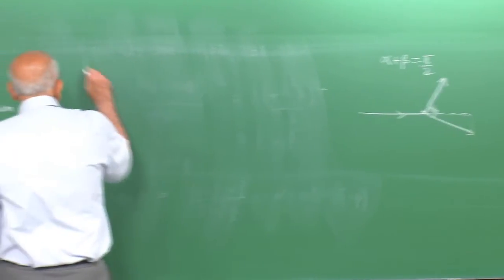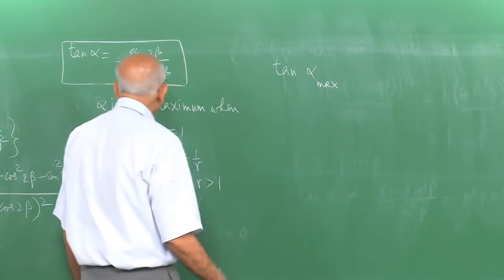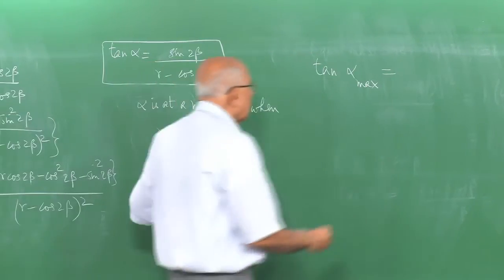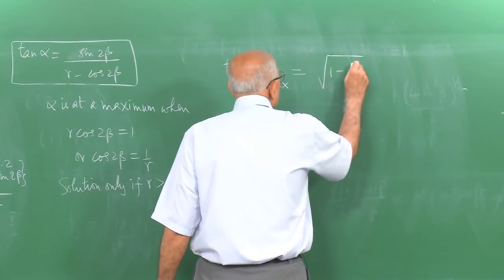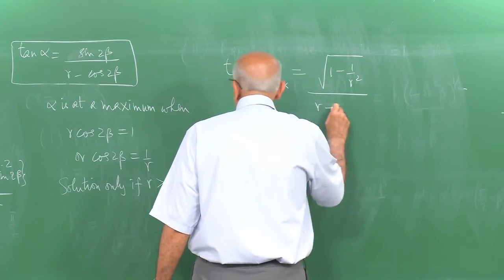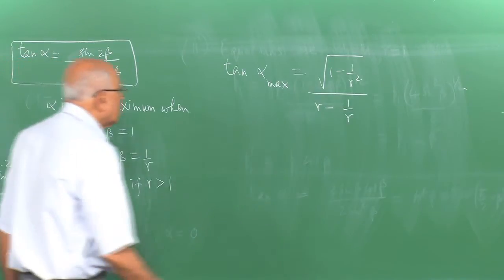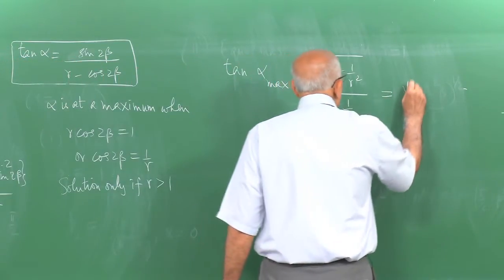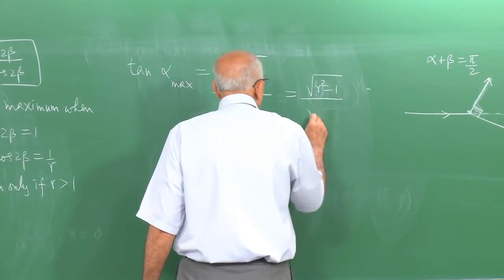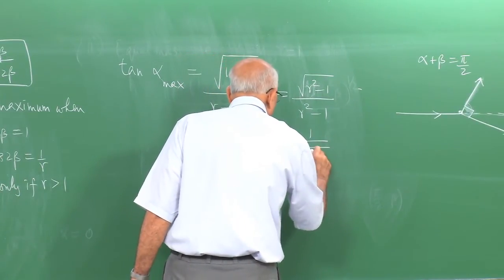It says the tangent of alpha, and let me write this as alpha max, must be equal to sine 2 beta over r minus cos 2 beta, but cos 2 beta is 1 over r, so the sine is the square root of 1 minus 1 over r squared, 1 minus cos squared, divided by r minus 1 over r, which is equal to the square root of 1 minus r squared minus 1 divided by r squared minus 1, equal to 1 over the square root of r squared minus 1.